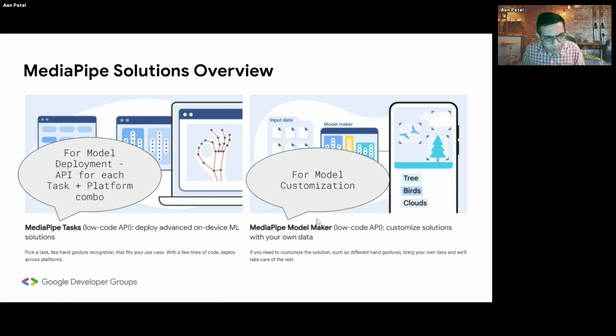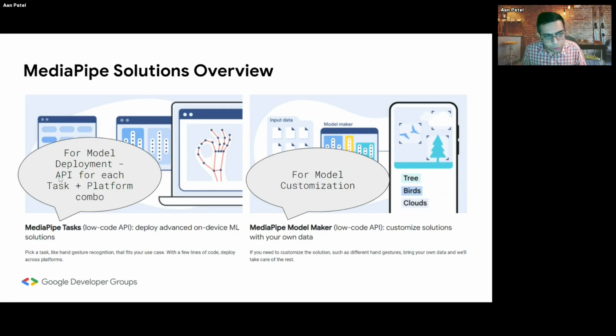So that's a brief overview of these two APIs that they have to offer. As it says, these are all low code APIs. So there are very small snippets of code that you end up writing, and that just does everything for you. As the end product of these Model Maker APIs, you get a model binary, which is just a file that you can reuse across different platforms like Android, iOS, web, or even Python on the back end with MediaPipe Tasks.